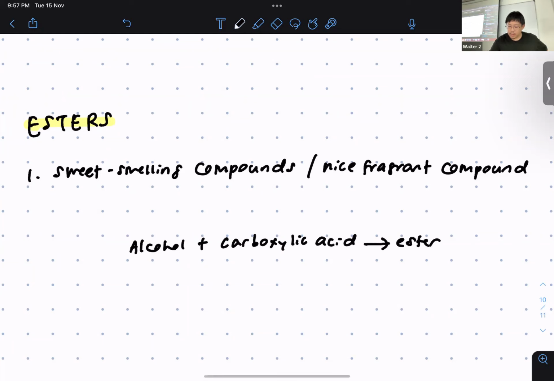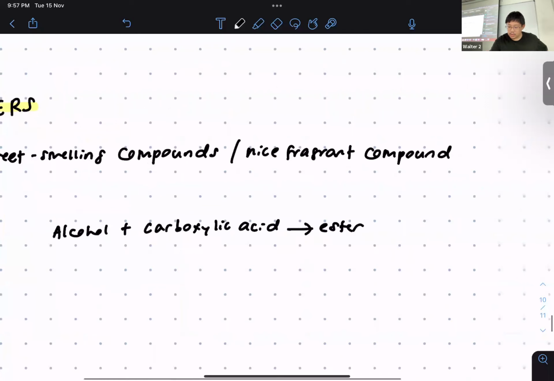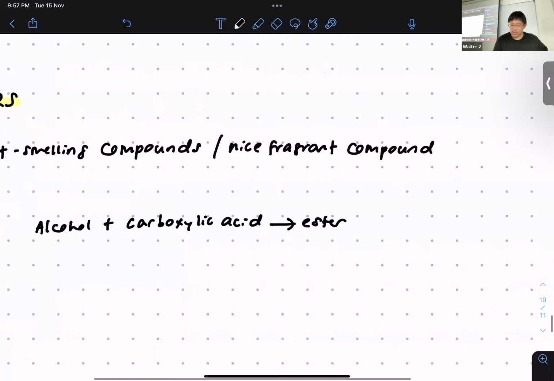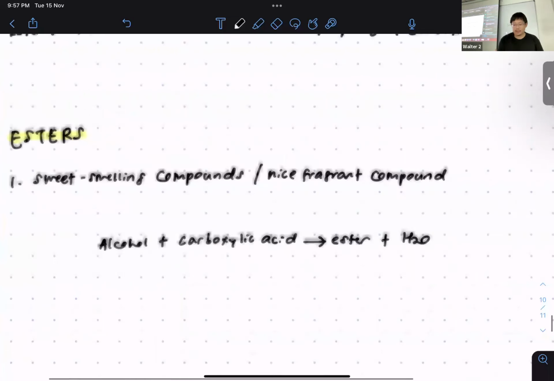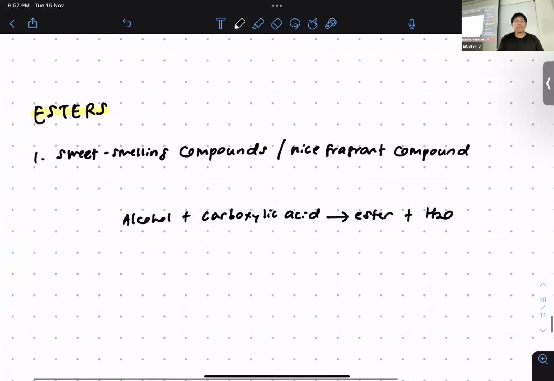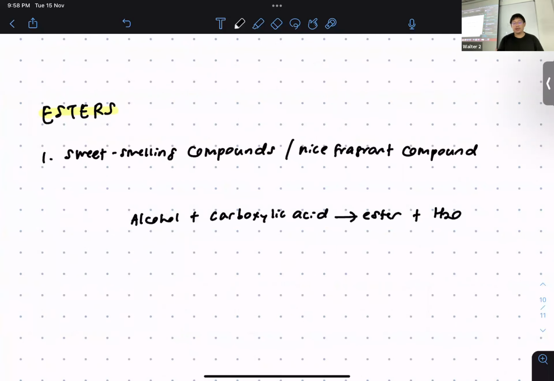So generally, you will get an ester and also water once you react the alcohol and the carboxylic acid. To produce it, you have to heat both in reflux. They react together in the chamber, then after that, you'll be able to get your ester.